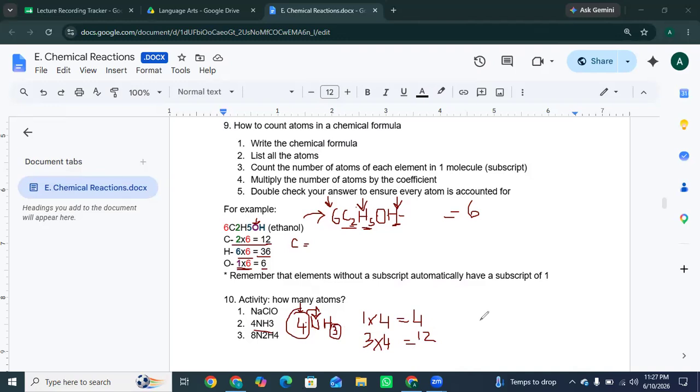And for the total number of atoms, you have to sum all these answers. Total is 4 plus 12. Okay? So the answer is 16 atoms.